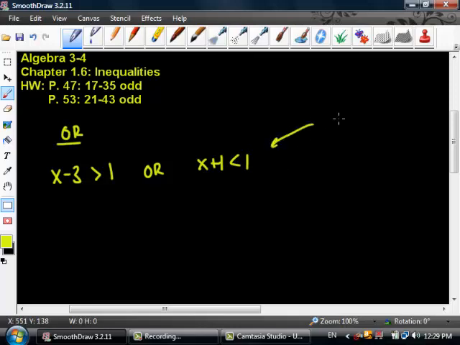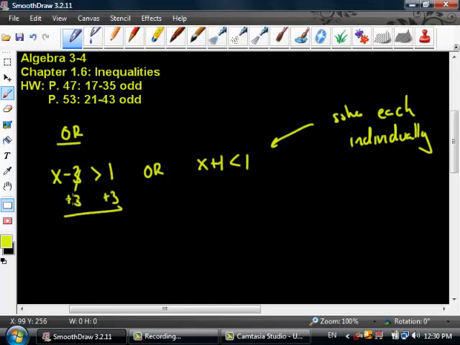You just solve each one individually. So here, we're just going to add 3 to both sides. x is greater than 4, or if I subtract 1, x is going to be less than 0.